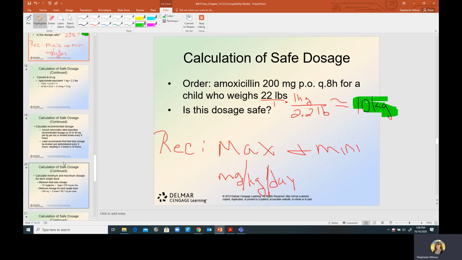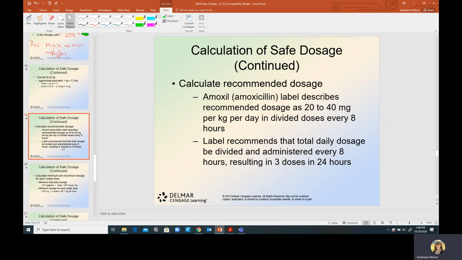Now I'm going to go to the slide, skipping a little forward. It says that we have a recommended dosage for this child of 20 milligrams per kilogram per day to 40 milligrams per kilogram per day. And it says it's divided in doses every 8 hours.